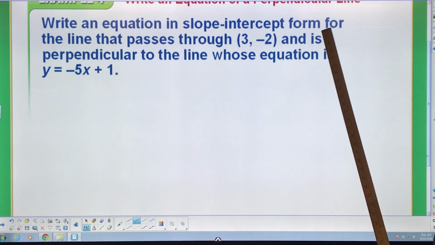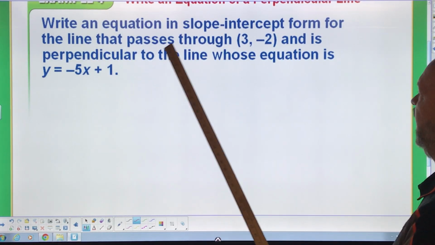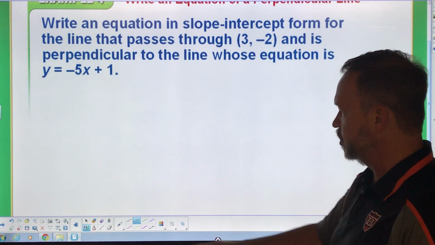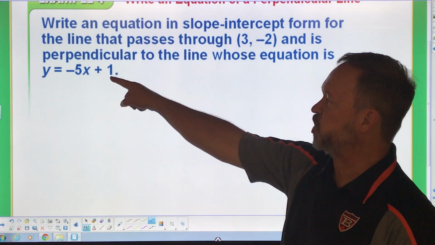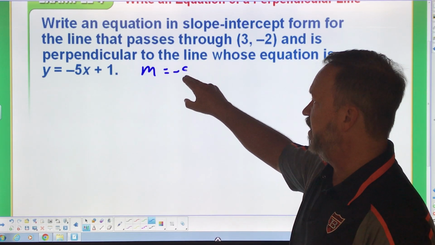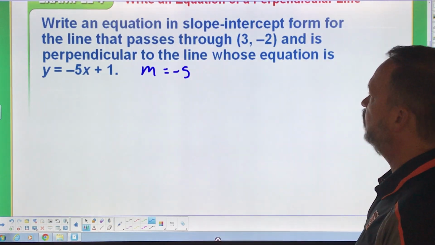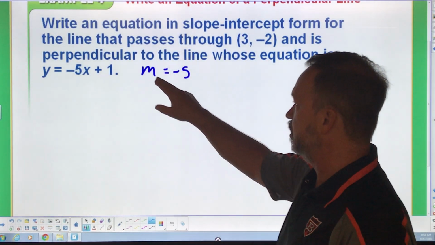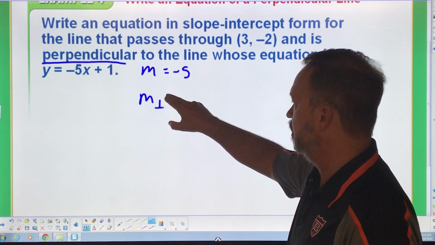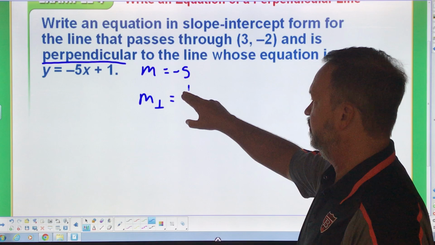Write an equation in slope-intercept form for the line that passes through this point and is perpendicular to this line. Okay. So let's kind of walk through this. So what's the slope of this line? -5. So if we want this to be perpendicular, what's the slope of the perpendicular? 1/5.